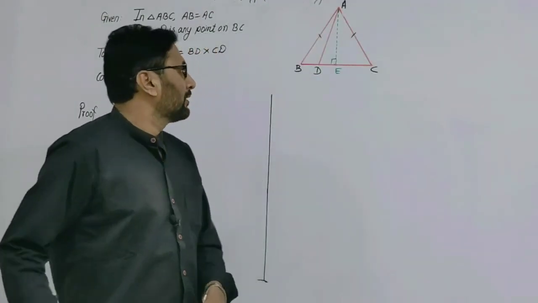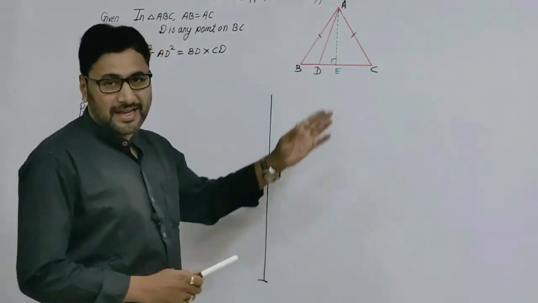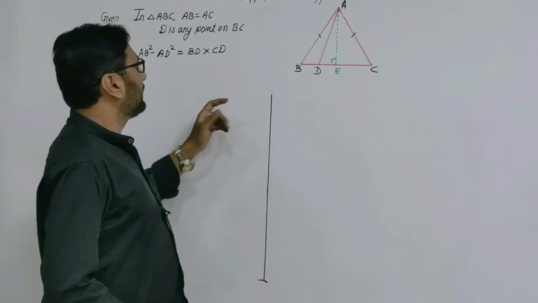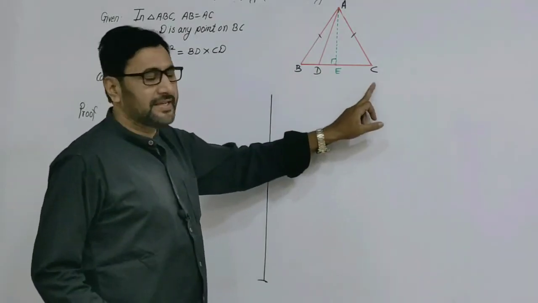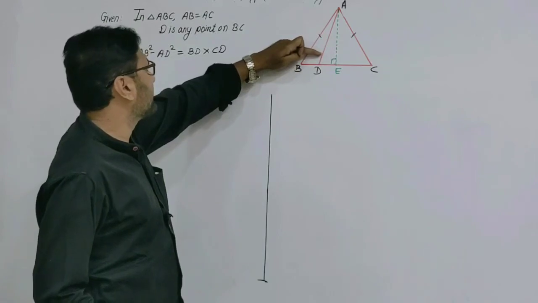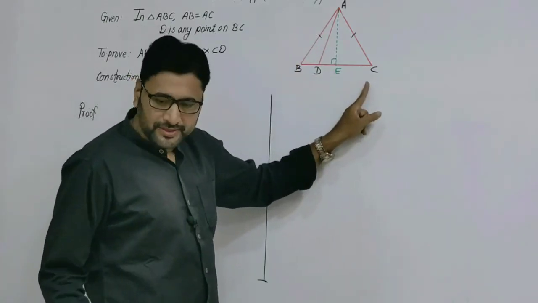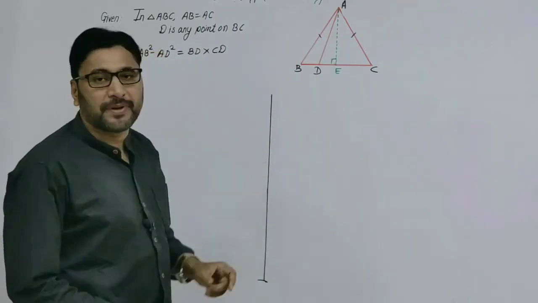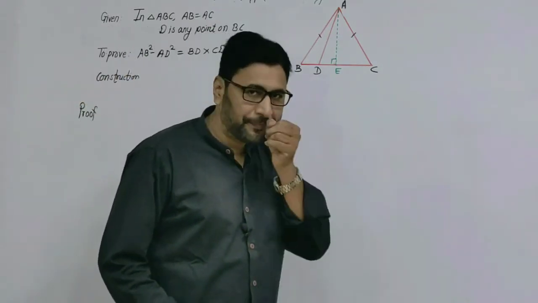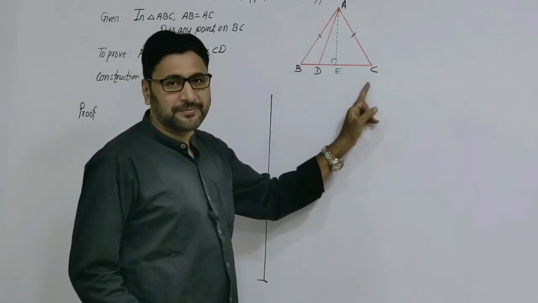Next sum. In triangle ABC, AB is equal to AC. This is an isosceles triangle and D is any point on BC. We have to prove AB square minus AD square is equal to BD into CD. Students, we need to use Pythagoras theorem in this particular sum. So I have constructed AE perpendicular to BC.